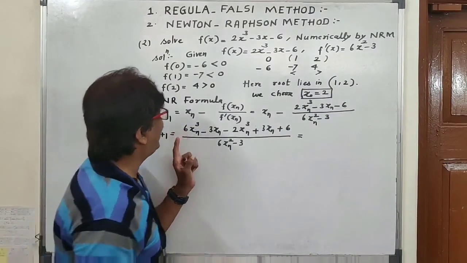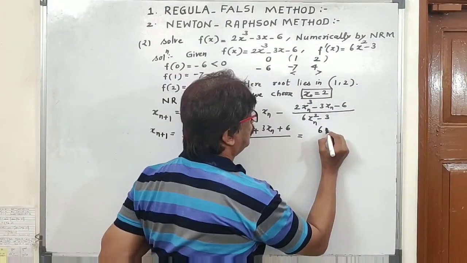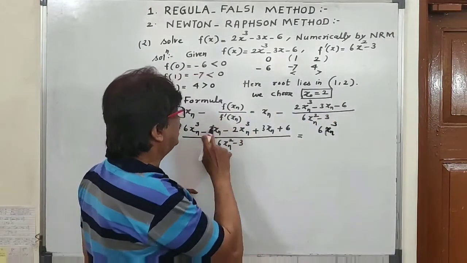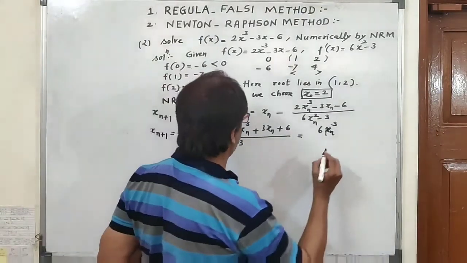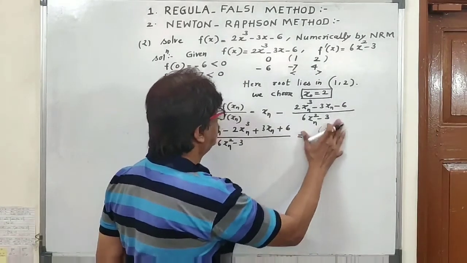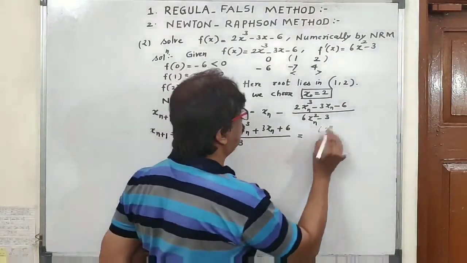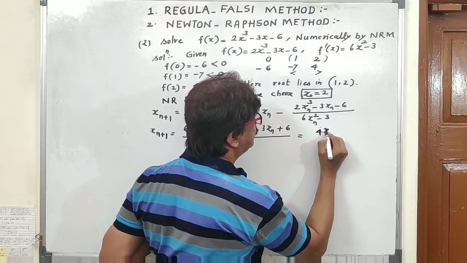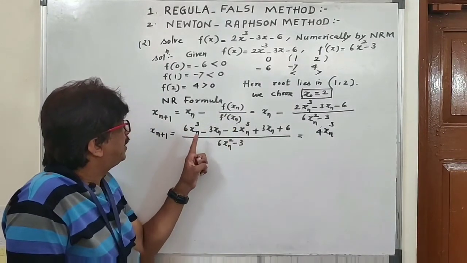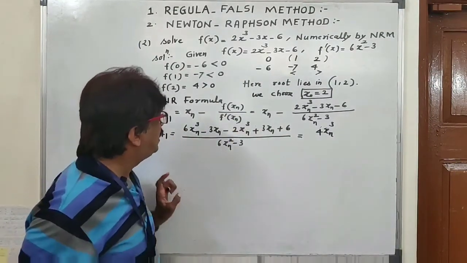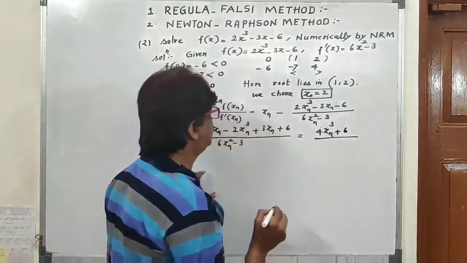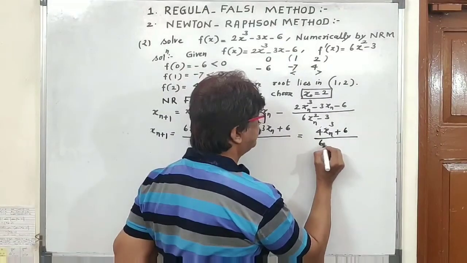Now 6xₙ³ − 2xₙ³ is 4xₙ³, and −3xₙ plus 3xₙ cancels out, leaving plus 6, upon 6xₙ² − 3.